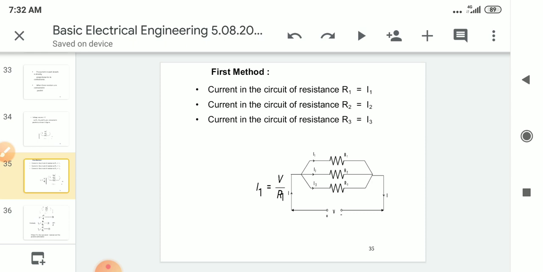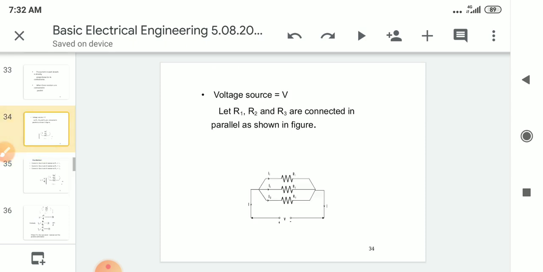Current in the circuit of resistance R1 is I1 and of resistance R2 is I2. Current in the circuit of resistance R3 is I3. This is the circuit diagram.